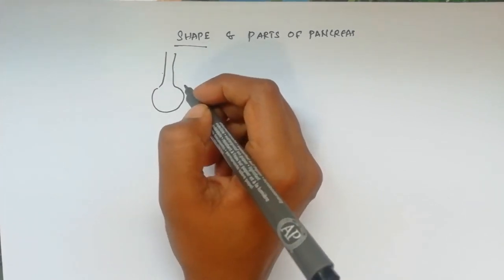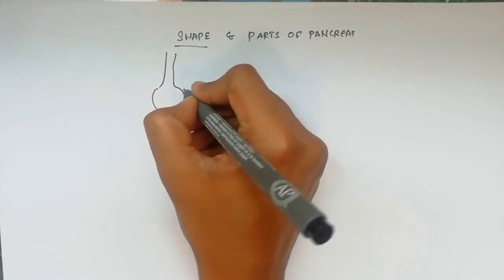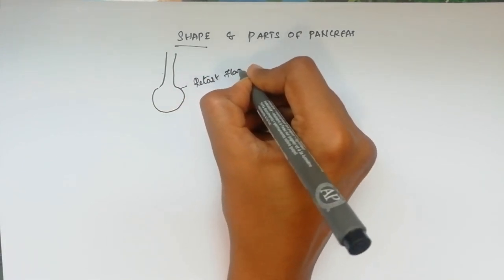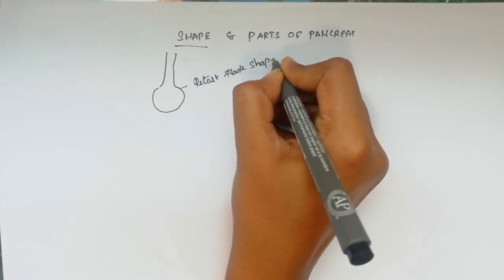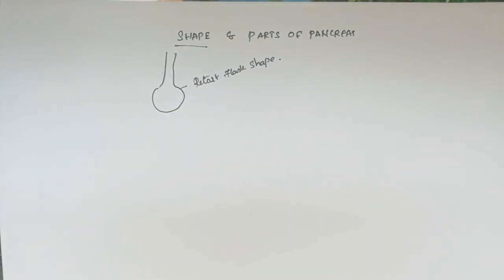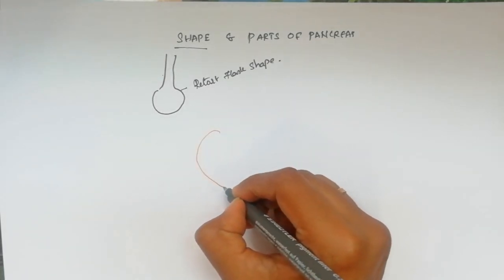In this shape it is seen, that's why it is referred to as retort flask shape. So we have something like this.